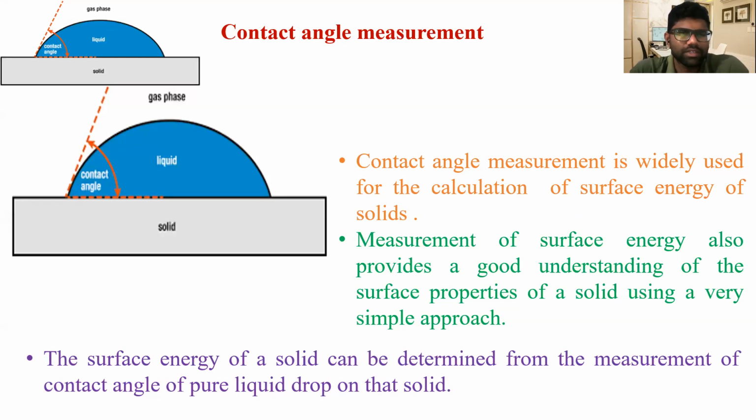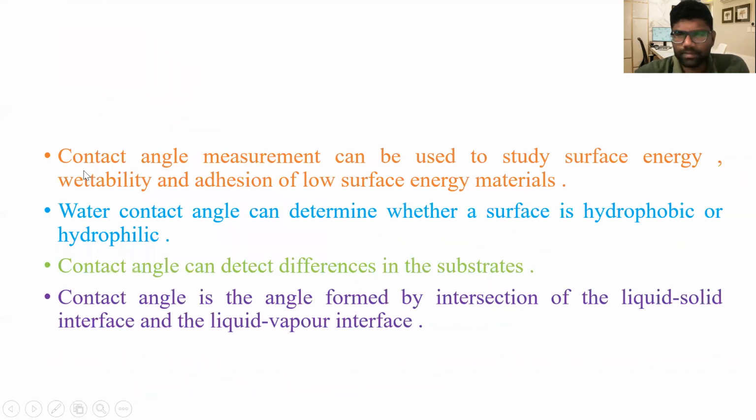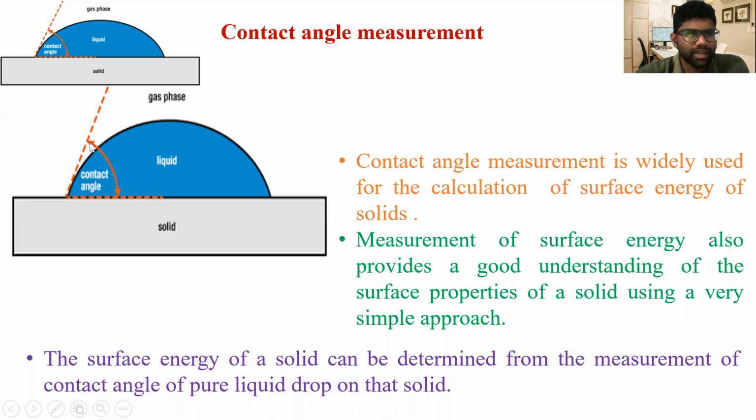In the figure, we can see a solid and a pure liquid droplet placed on the solid, making a contact here. This angle is nothing but the contact angle, and the angle that we get here determines the surface properties.